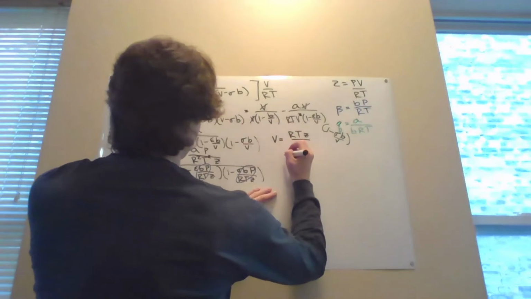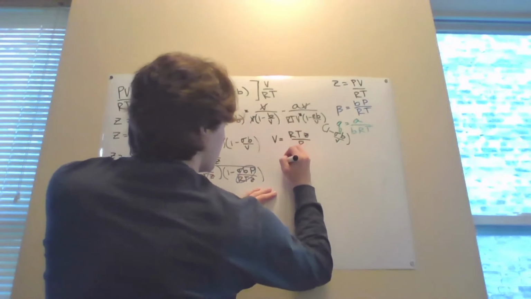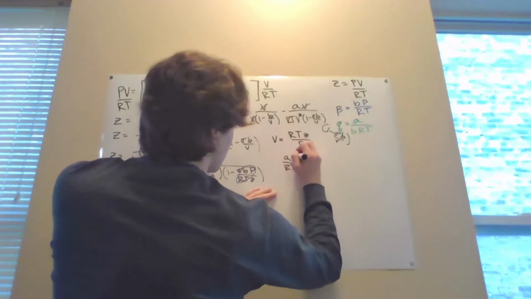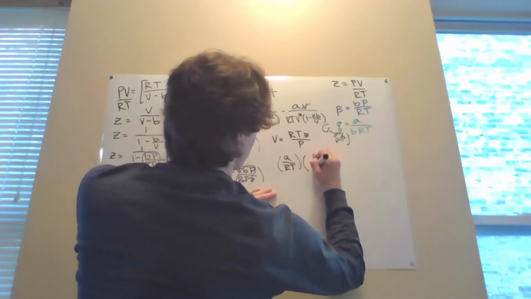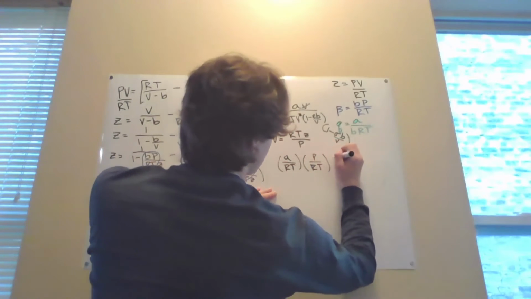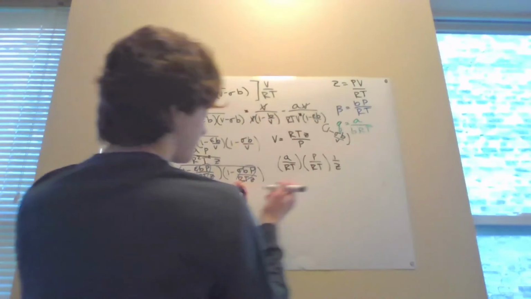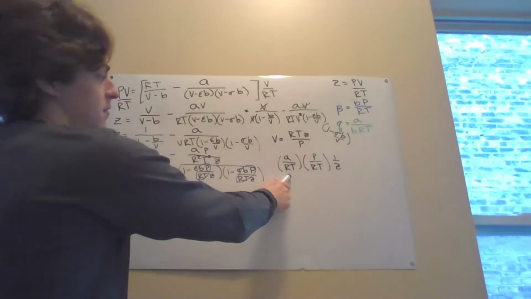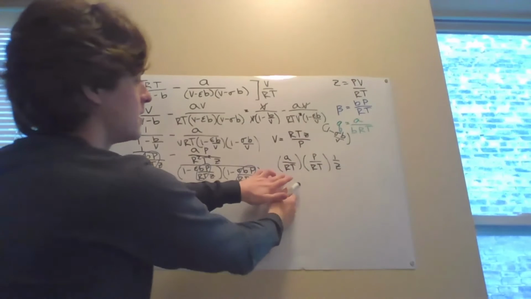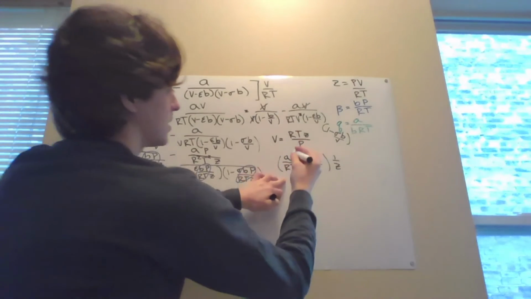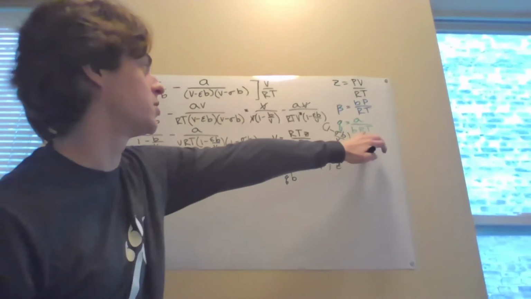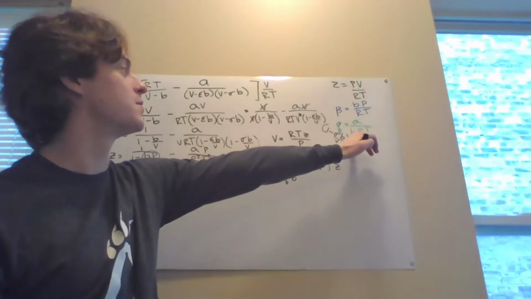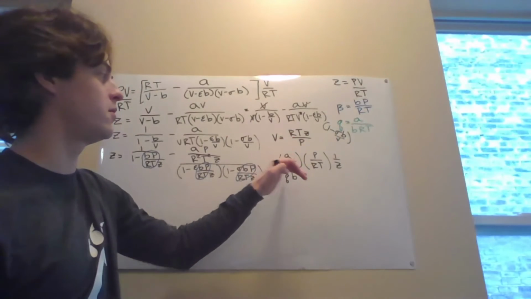So if we rewrite this as a over RT times P over RT times 1 over Z. This left side of the equation is just Q times b, because if you multiply this equation by b, this will cancel out of the numerator, so you'll just have a over bRT.